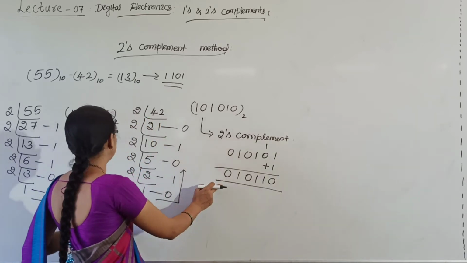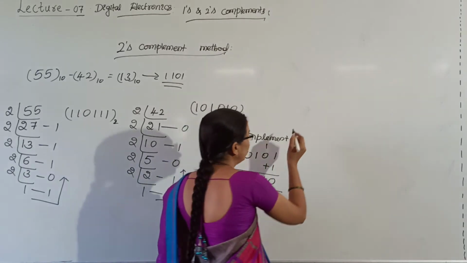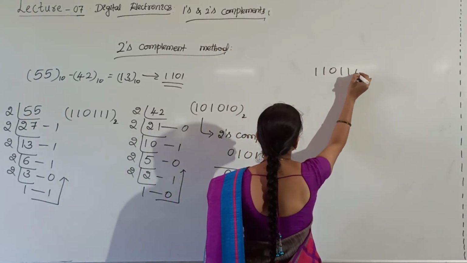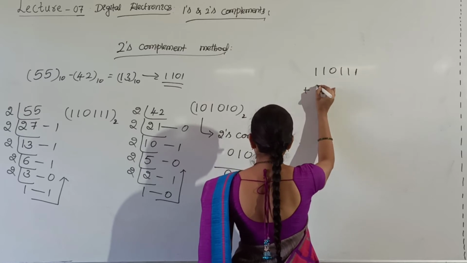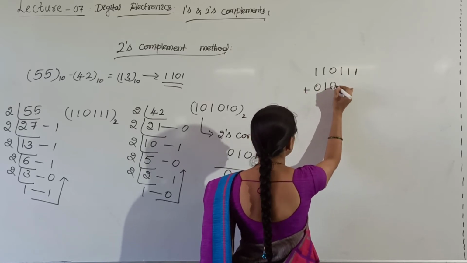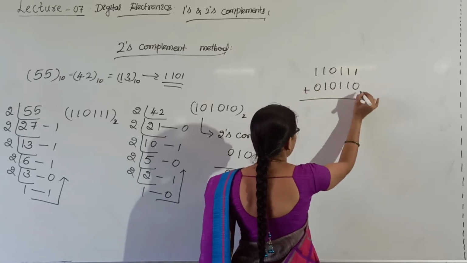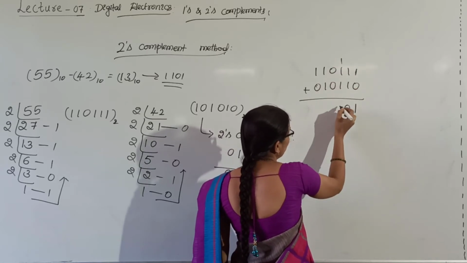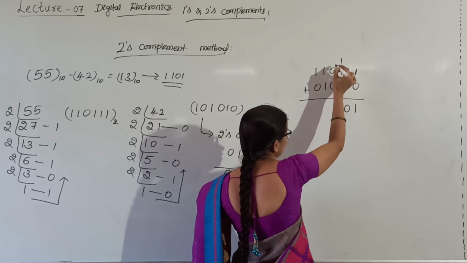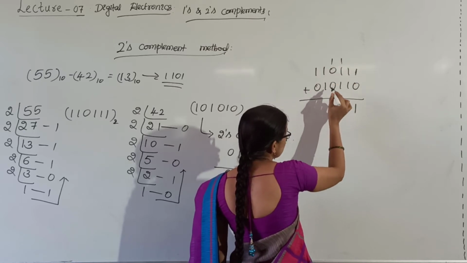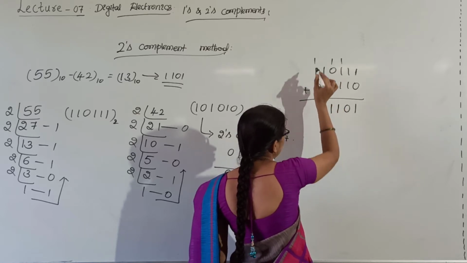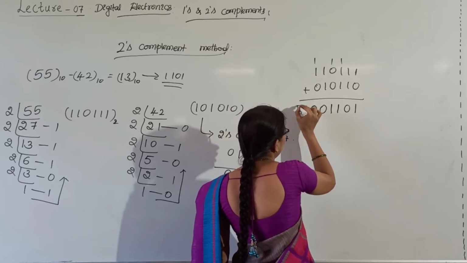Now I have to add this to the minuend, that is 110111 plus 010110. 1 plus 1 is 0, carry 1. 1 plus 1 is 1, carry 1. 1 plus 0 plus 0 is 1. 1 plus 1 is 0, carry 1. 1 plus 1 is 0 and end-around carry.